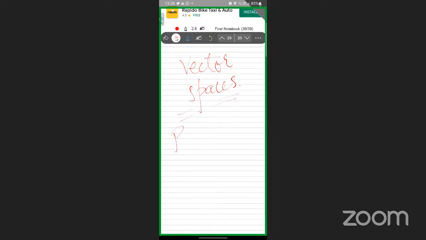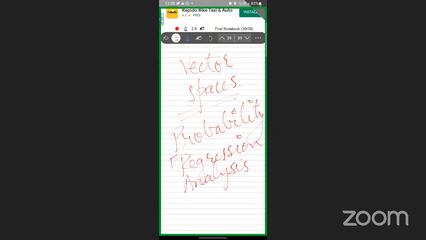They talk about probability also. In fact, regression analysis, etc., is all connected to probability. Regression is finding the relation between two quantities. I have already told you about number theory and where it is useful.